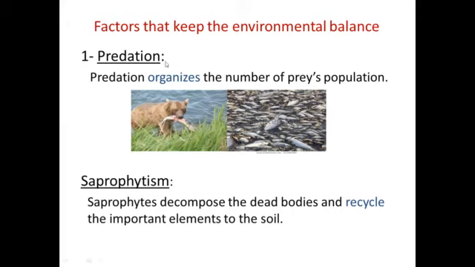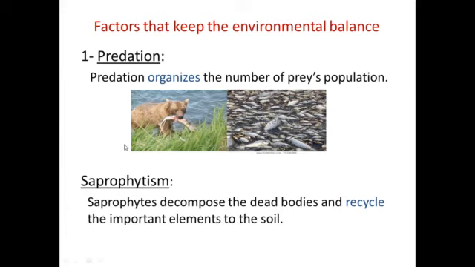So it organizes the number of the prey population because it leaves the strong ones, which can reproduce, adding strong members to the prey population.